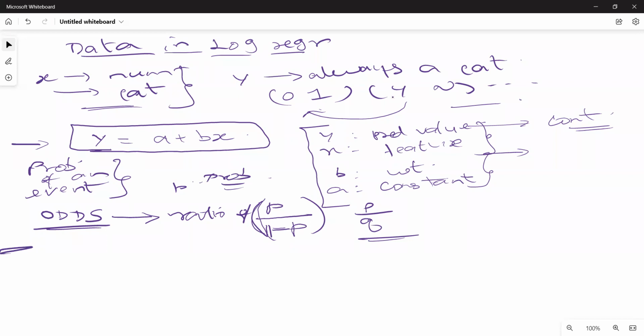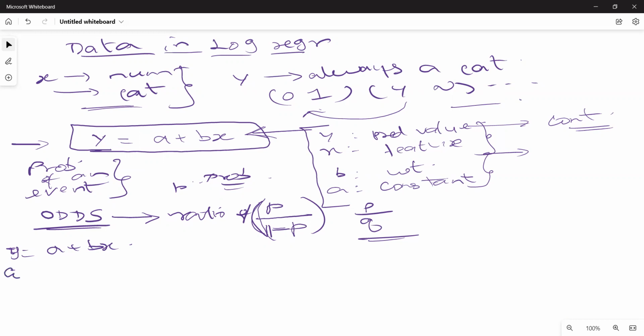Now I have to use the same concept of the odds to define what my y variable is going to be. So I'll be writing the same equation, y equals a plus bx from the linear regression. Now here my output is not going to be y, it is going to be p. Okay, so how do I get the probability that this event is likely to occur?